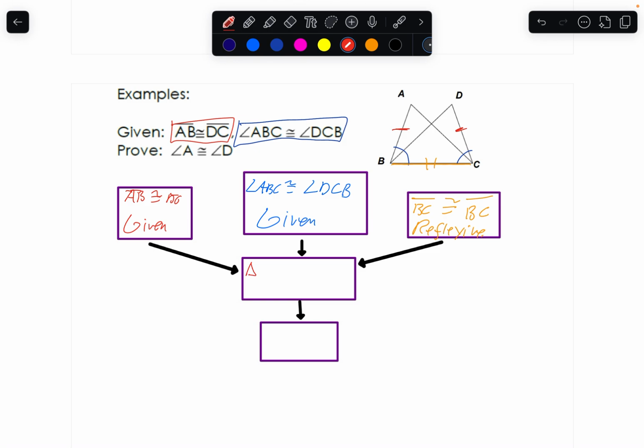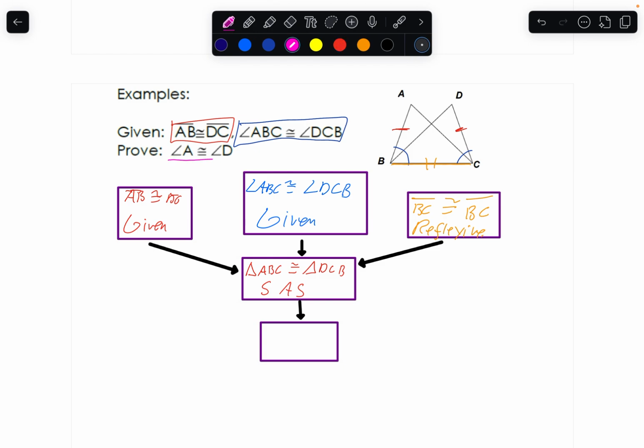Now I can say triangle, order matters, ABC congruent to triangle DCB. How? Side, angle, side. Now that I have established that the two triangles are congruent, I can say whatever I want about whatever part.